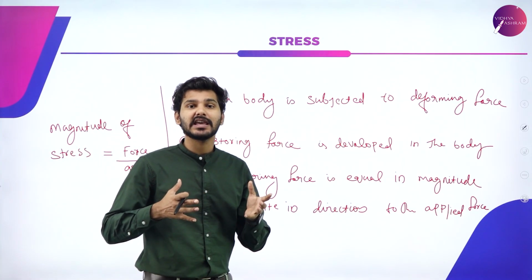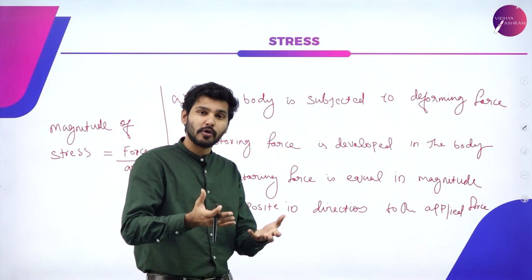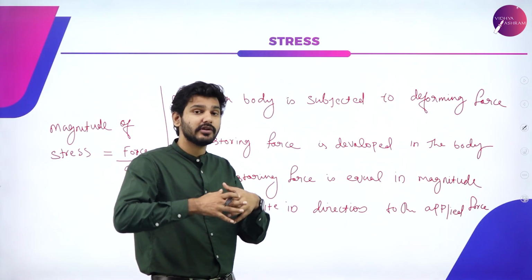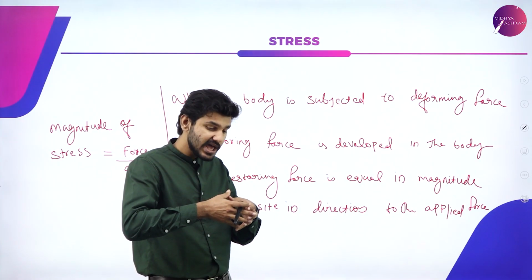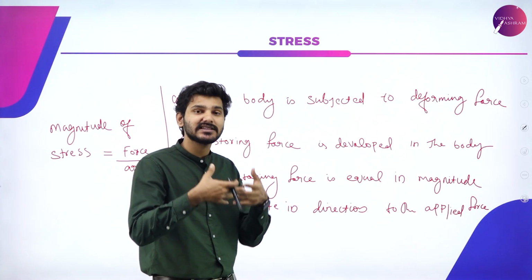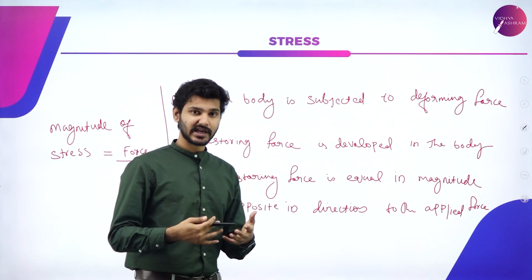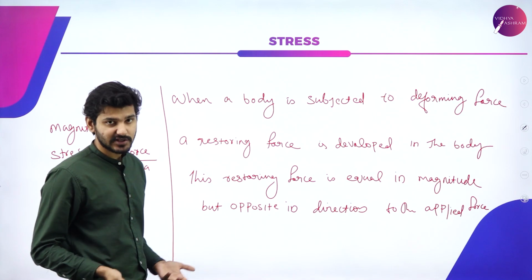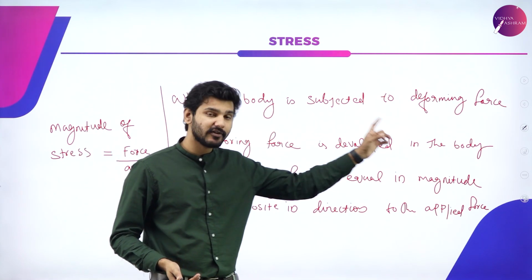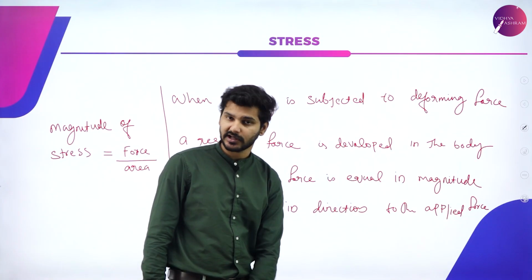For example, if you're taking a spring and applying a force onto that spring, then obviously you know that when you let go or you decrease the force, automatically the spring will rebound. That is because the spring inherently has a restoring force developed inside it. Just like that, any solid, when it is subjected to a deforming force, has a restoring force developed inside that body.